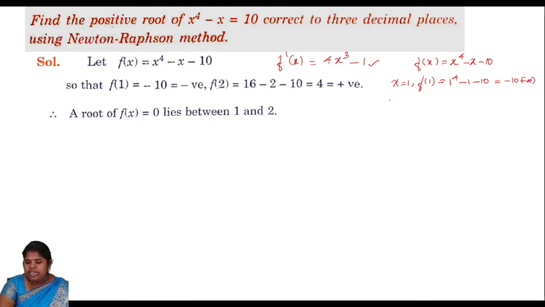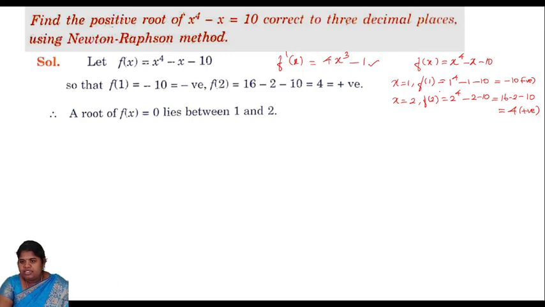Now substitute x equal to 2. We get f of 2 as 2 power 4 minus 2 minus 10, which is 16 minus 2 minus 10, which is 4, a positive value. Since f of 1 and f of 2 are of opposite signs, the root lies between 1 and 2.